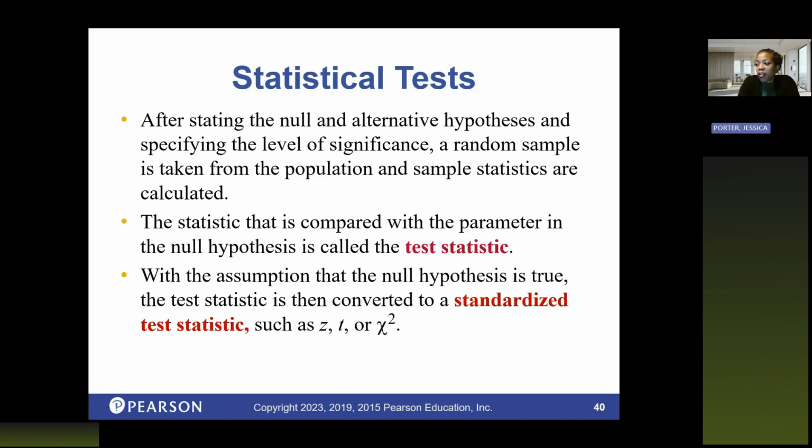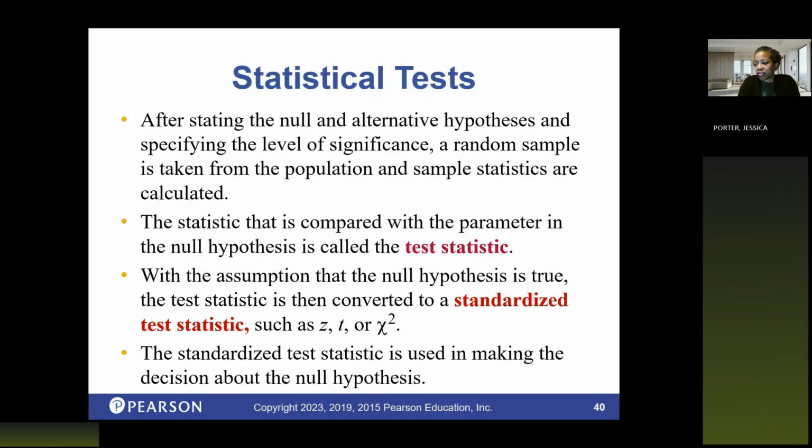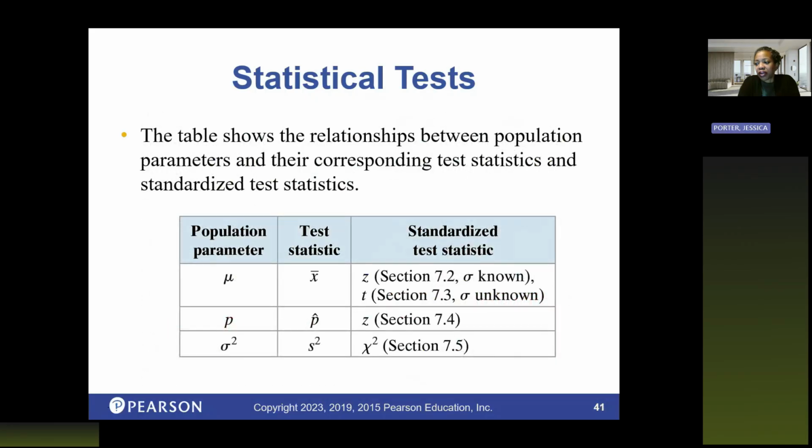With the assumption that the null hypothesis is true, the test statistic is then converted to a standardized test statistic. It's going to be z, t, or chi-squared. That's what that is. This test statistic is used for making a decision about the null hypothesis. Okay, we're going to cover each of these.